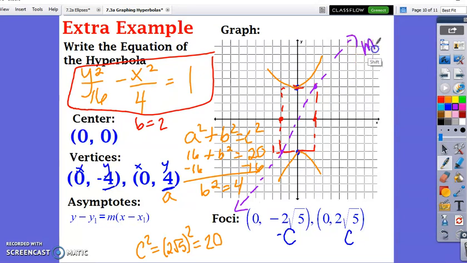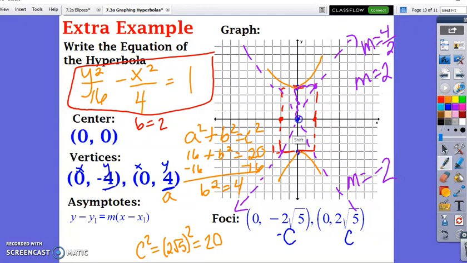So this one will have a slope of 4 over 2, which reduces to a slope of positive 2. And vice versa, this asymptote then will have the slope of negative 2, the reverse of that.